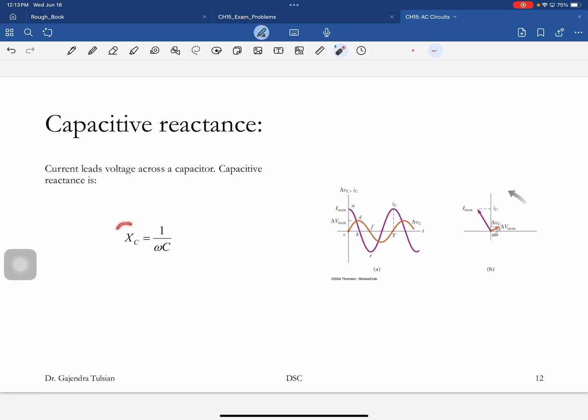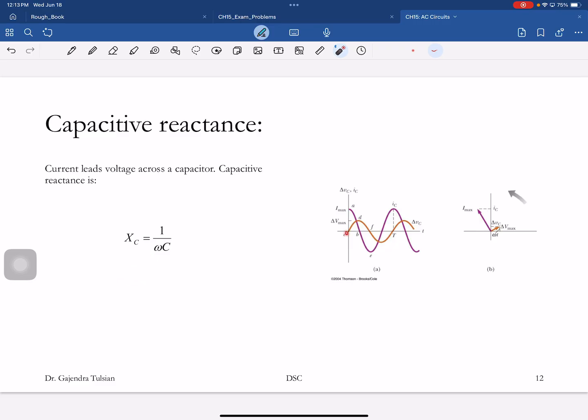Okay, so XC is the impedance of the capacitor, which is 1 over omega C. And as you can see, XL and XC are frequency dependent. For high frequency, XC goes to 0. As frequency goes to infinity, XC goes to 0.